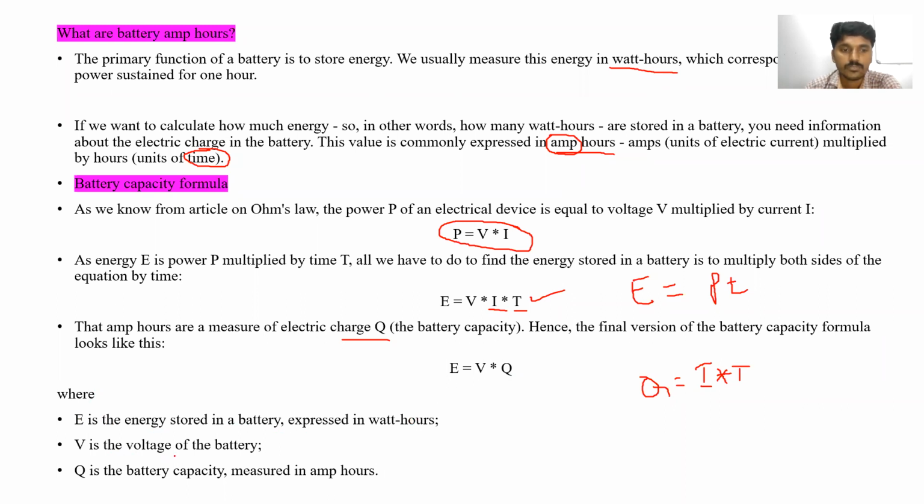V is the voltage of the battery and Q is the battery capacity measured in ampere hours. This is the formula to find how much energy is stored in a battery: voltage multiplied by the electric charge, that is I into T.